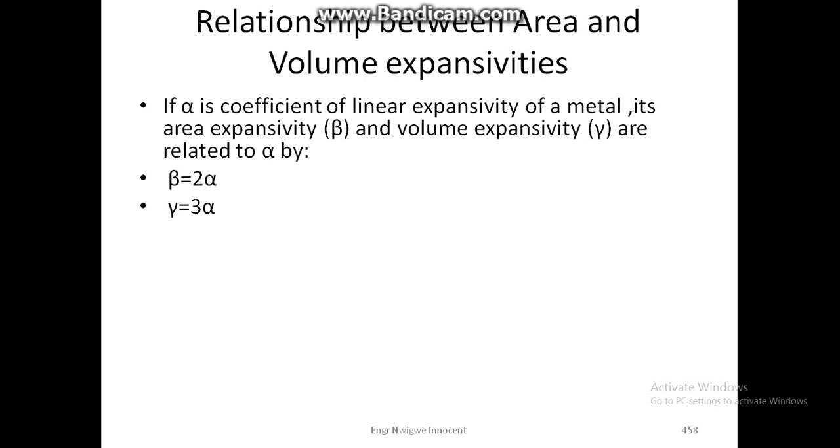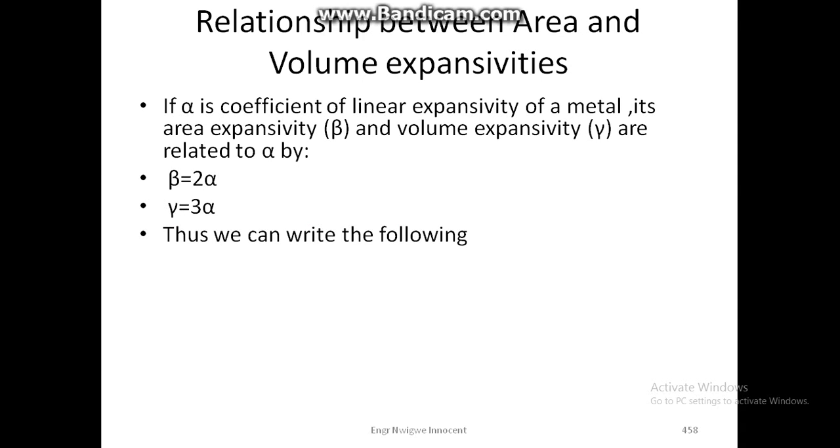Thus, we can write the following: area after expansion A2 is equal to area before expansion in bracket 1 plus beta, is equal to area before expansion in bracket 1 plus 2 alpha.